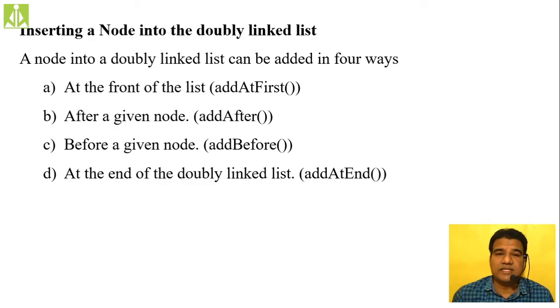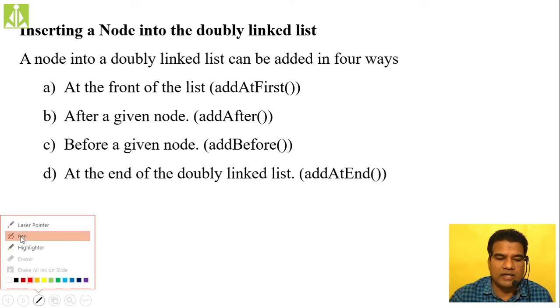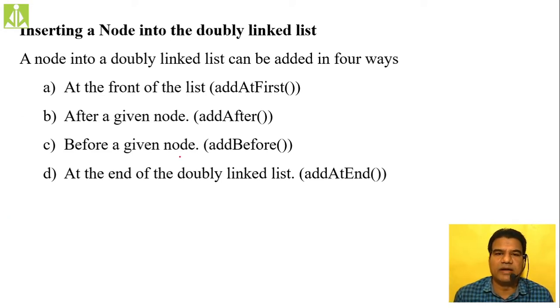We said insertion can be performed in four different ways. The first case is insertion at the beginning, or at the front, of the doubly linked list. Whatever doubly linked list you have, we are going to add the newly created node as the first node.